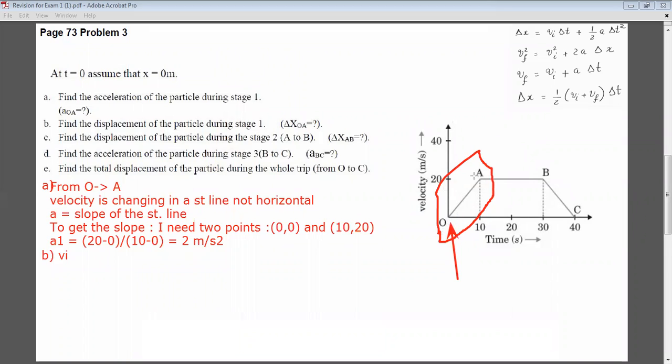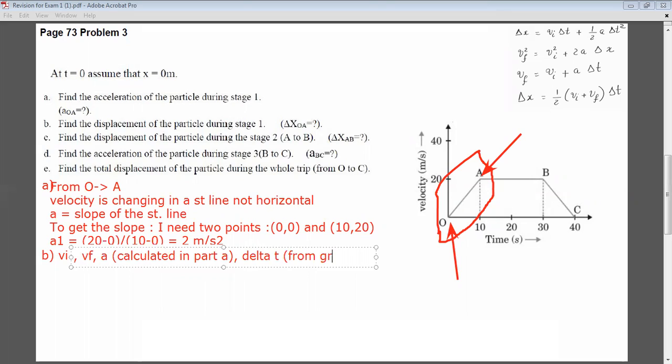From the graph, from O to A, what do I have? I have the final velocity. So I have the initial, I have the final from the graph, I have acceleration calculated in part A. What else do I have? Do I have delta t? Yes.